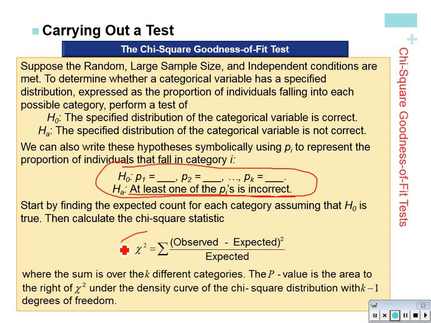And then here is the formula that we talked about from the previous lesson, the formula for the chi-square statistic. Remember that as the chi-square statistic value gets further and further away from zero, the greater the chance you have of getting a p-value that is small, where you would be rejecting the null hypothesis.